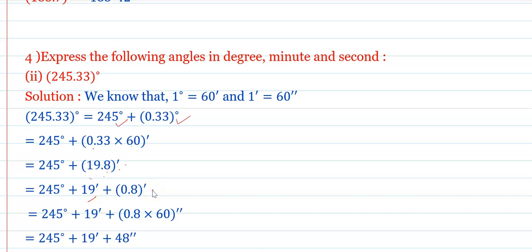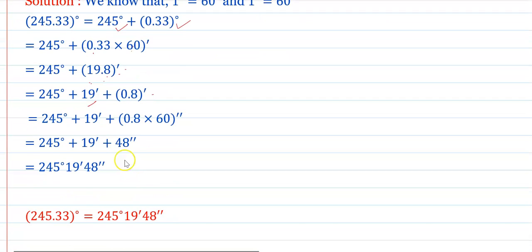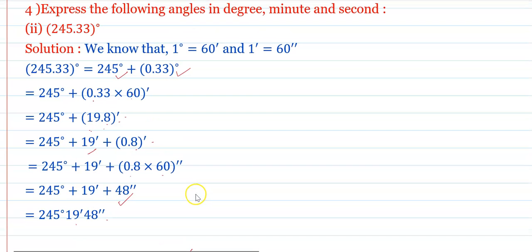We will convert this 0.8 to the second. Okay, that is 0.8 into second. Whatever is in minutes, if we want to convert it to seconds, again multiply it by 60, and then it will be converted into the second. 0.8 into 60 you will get 48 second, and hence it is converted to 245 degree, 19 minutes and 48 second, and hence the answer. Okay, you can see this.